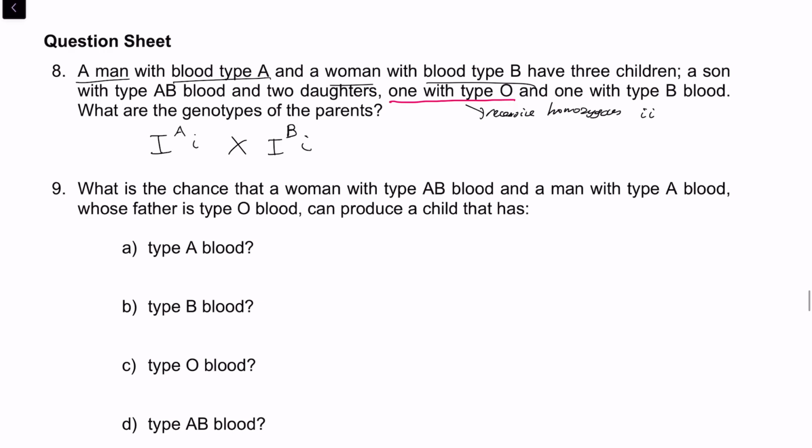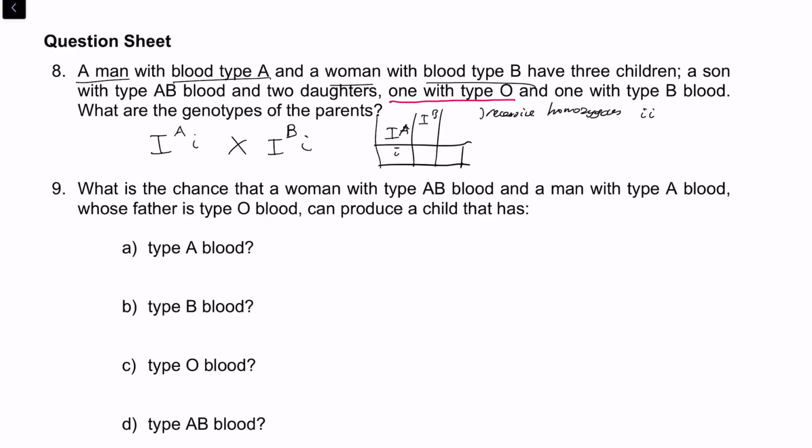Because in that case, if we just quickly draw a Punnett square to check, we know that it is possible, since they carry that.